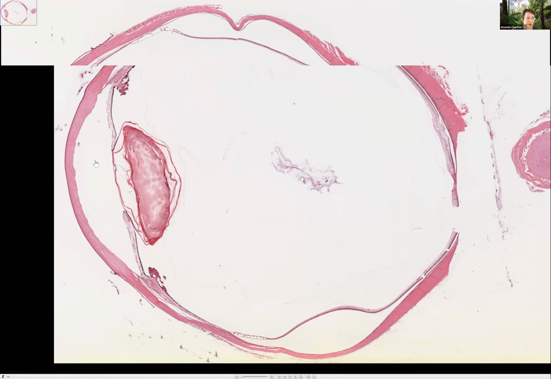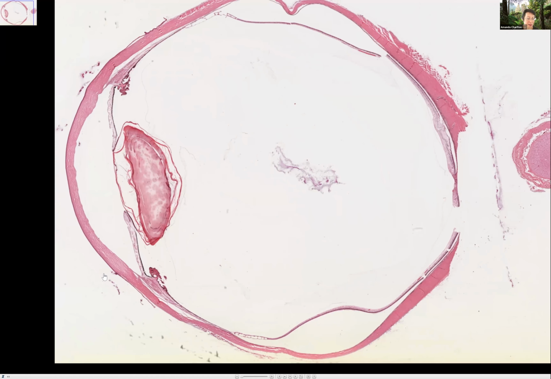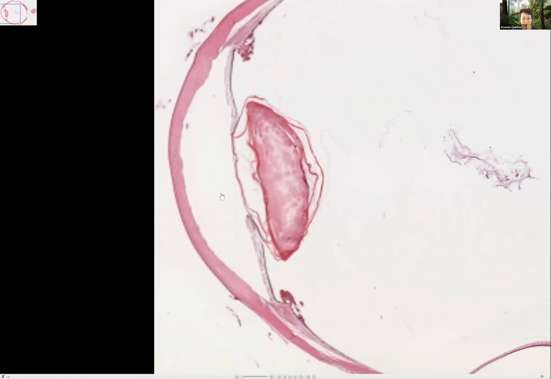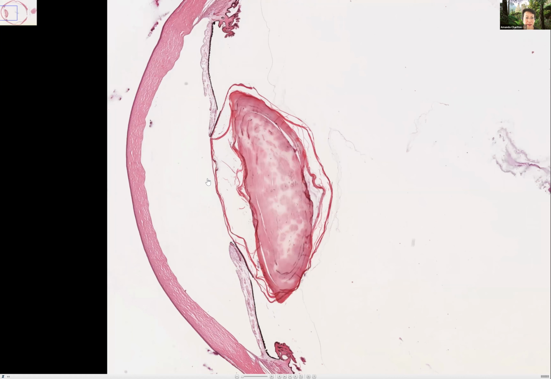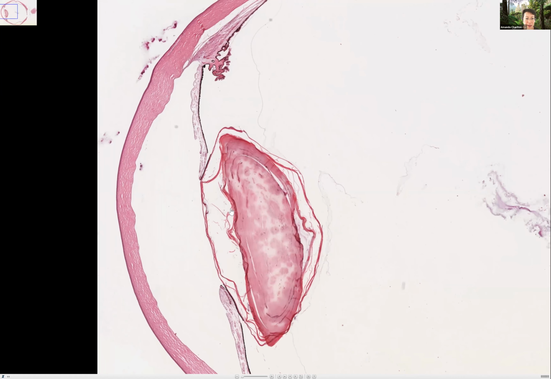So I'm going to start from the front and look here at the cornea. It hasn't rendered very well, but I can see most of 5 layers. There doesn't seem to be a large abnormality there. Angles are okay.